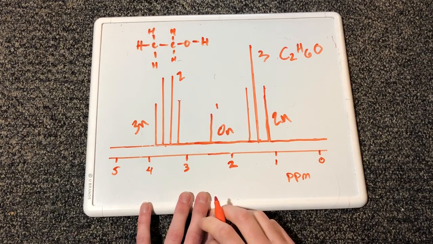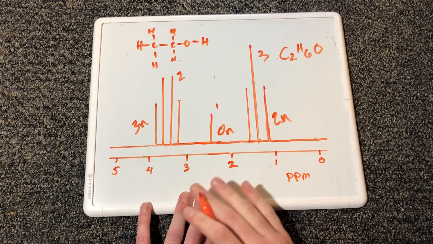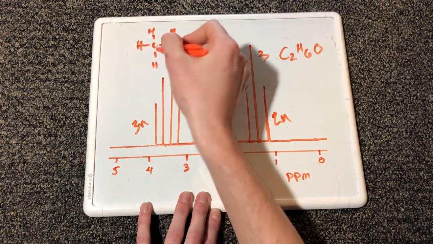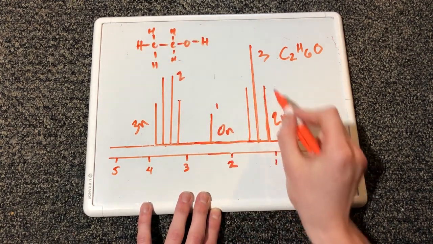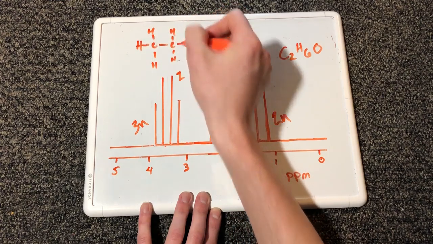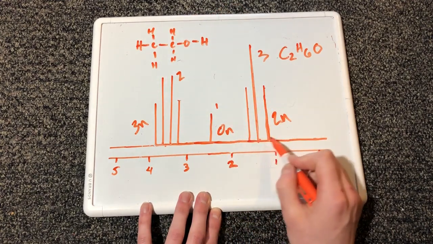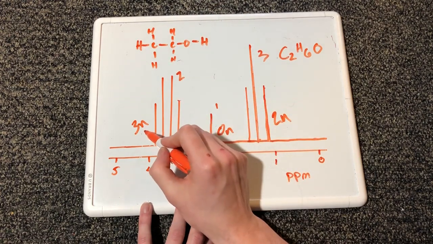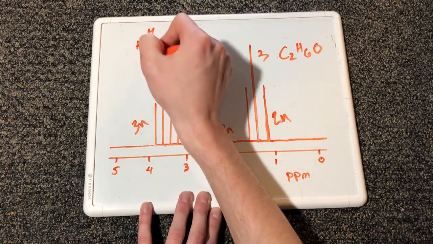So now let's check our work and make sure that these hydrogens in our Lewis structure actually correspond to the peaks. Here we have 3 protons, and here it is integrated to 3, and we know that these 3 protons have 2 neighbors right here, and it's split into 3 peaks. Here we have 2 protons, it's integrated to 2, and it has 3 neighbors, and it has 3 neighbors right here.